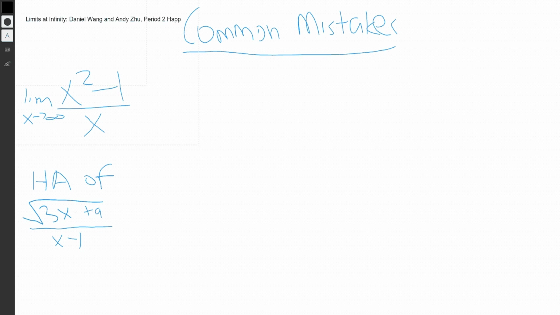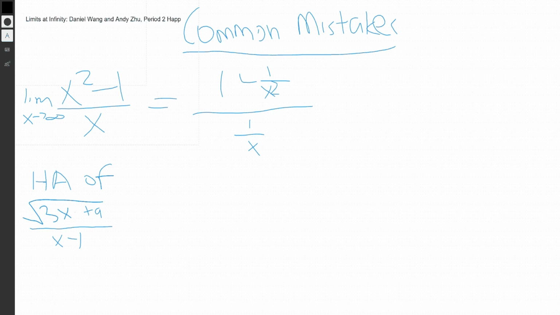This is because if you do divide by x squared, then this would equal 1 minus 1 over x squared, all over 1 over x. But 1 over x as x approaches infinity is 0, which means you'd be dividing by 0, and you never want to divide by 0. Even though this way kind of gets you the correct answer, it's illogical and not ideal.